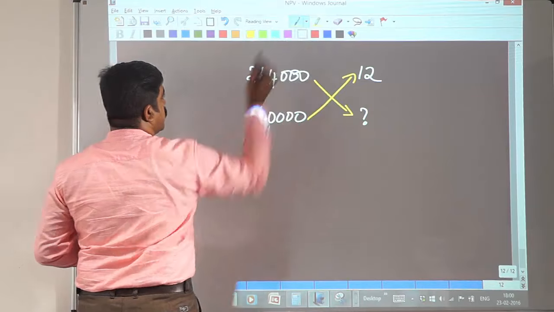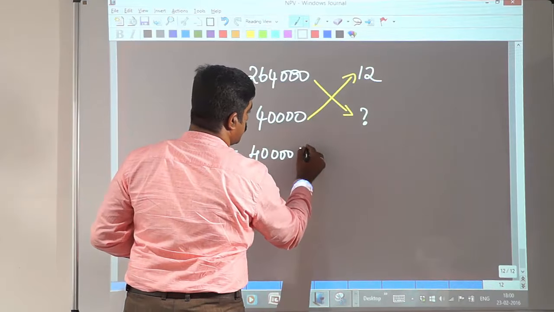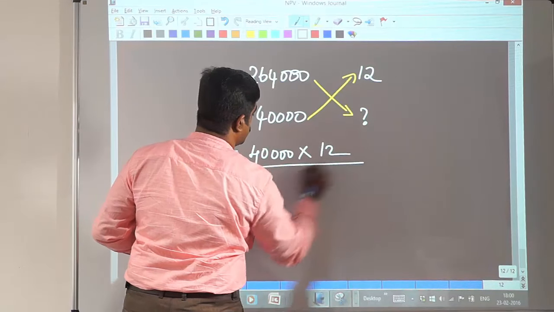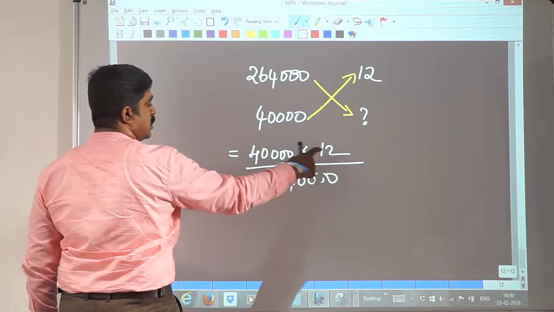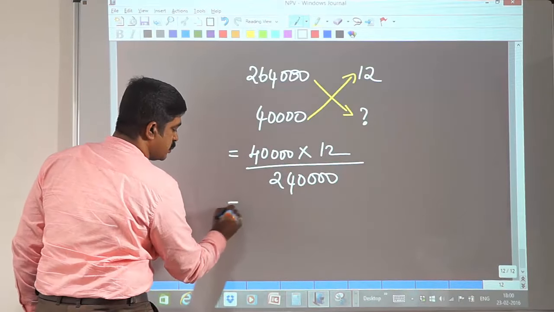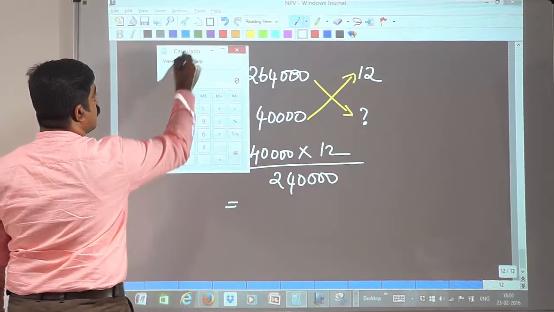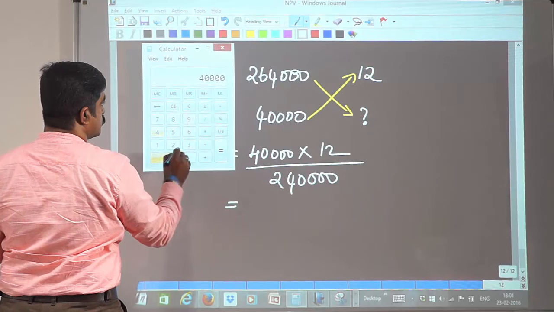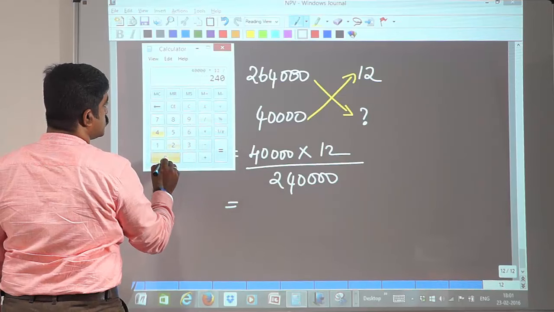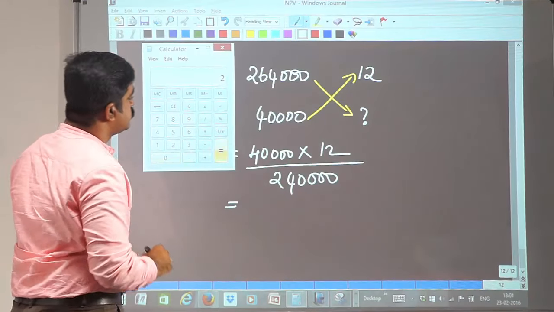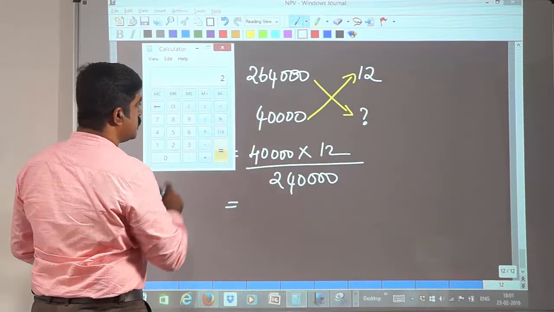Mathematically, it will be 40,000 multiplied by 12 divided by 2,40,000. Let me make use of the calculator. 40,000 multiplied by 12 divided by 2,40,000, and it tells me 2 months. Let me check.